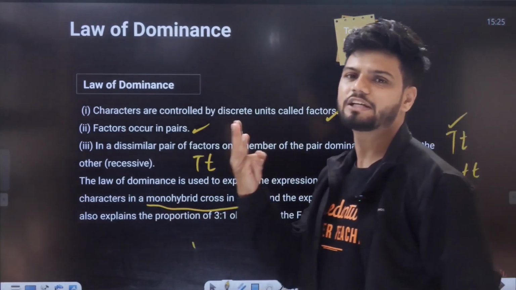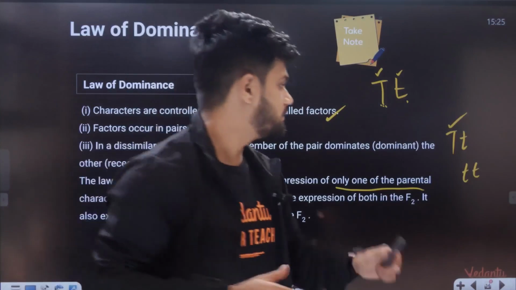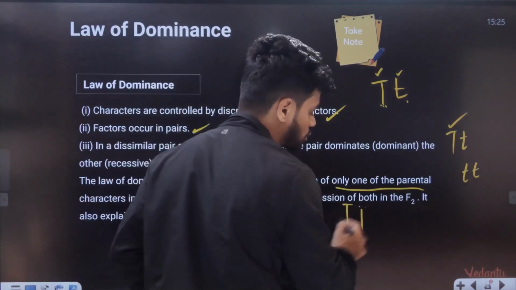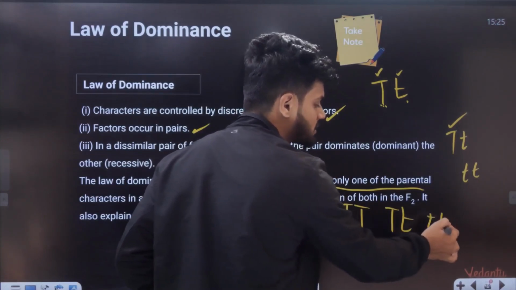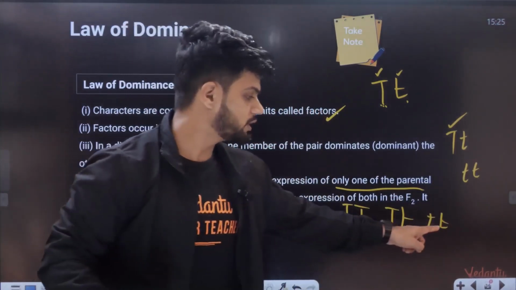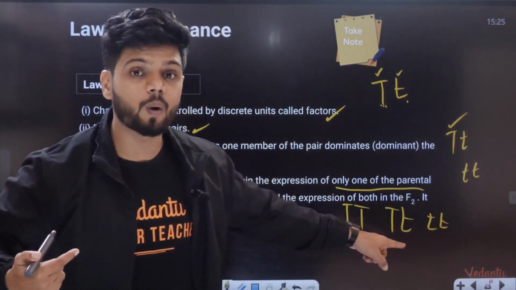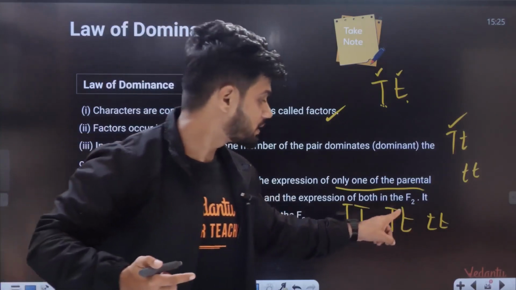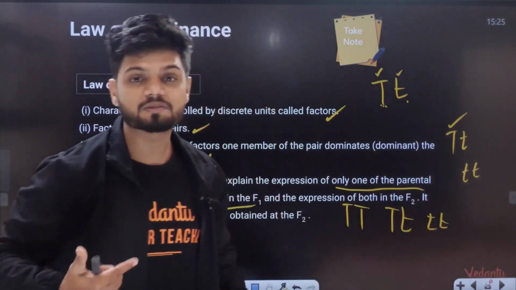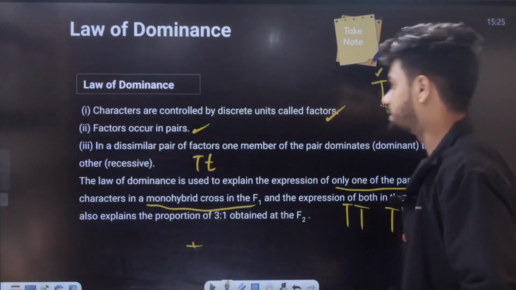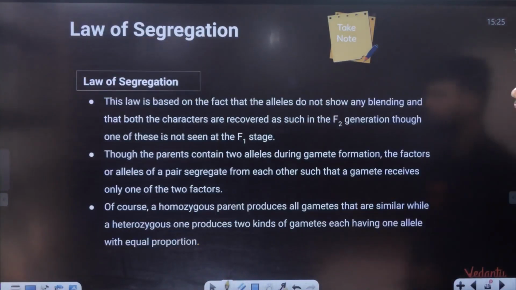How we get 3 tall, 1 dwarf. Wherever we have capital T, it is tall. Capital T, small t is also tall. Small t is dwarf. This small t is able to express itself because capital T is absent there. That's why it is expressing. That is called your law of dominance.